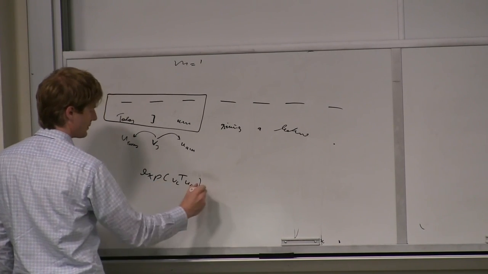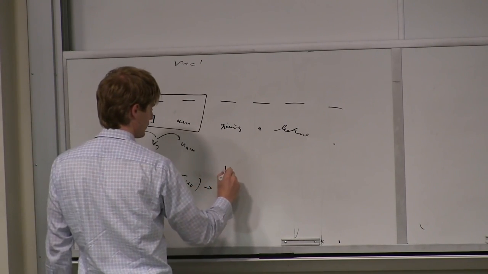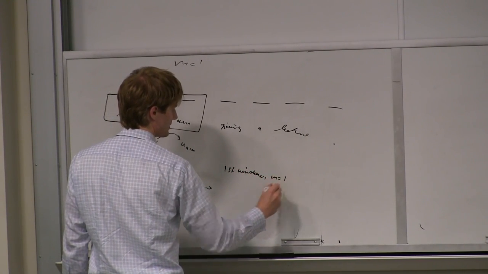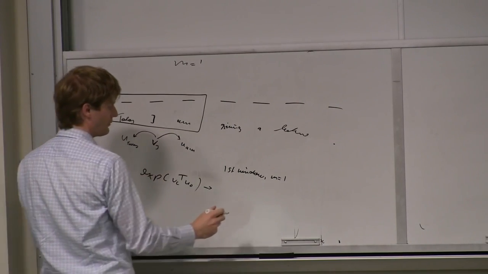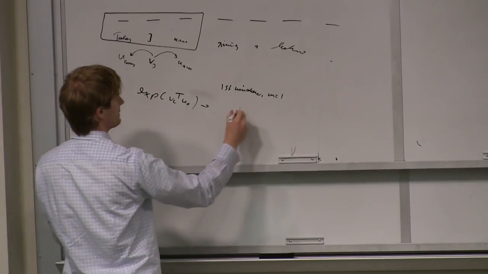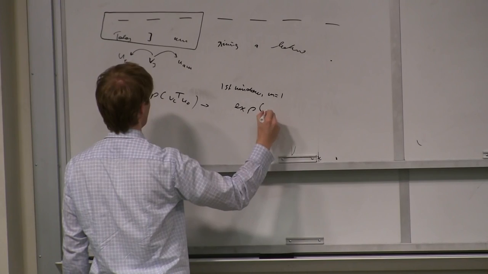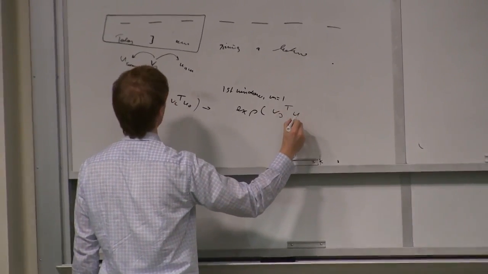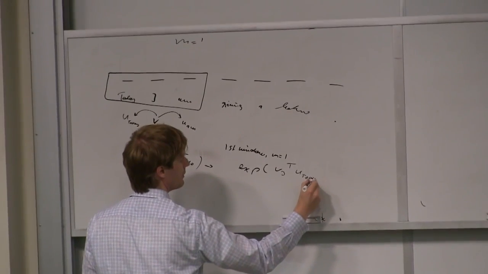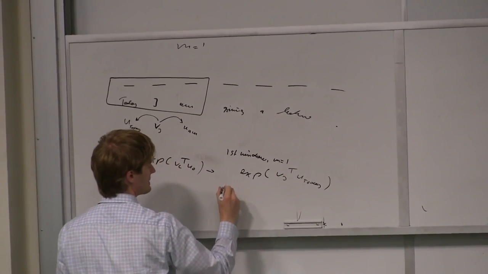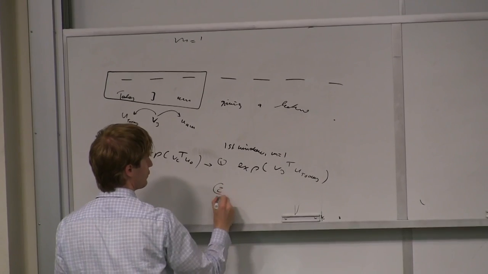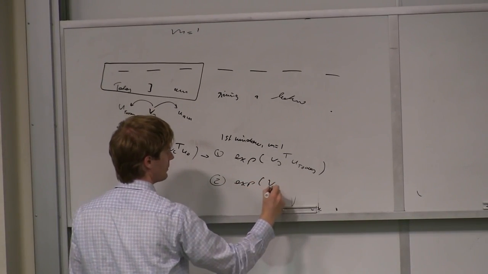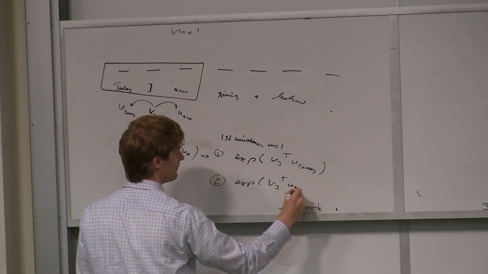So in this case here, for the first window, with our window size of only 1, we will basically have in the exponent here v_I transposed u_today. And then this will be the first element for that window, and the second element we would have the exponent of v_I transposed u_am.